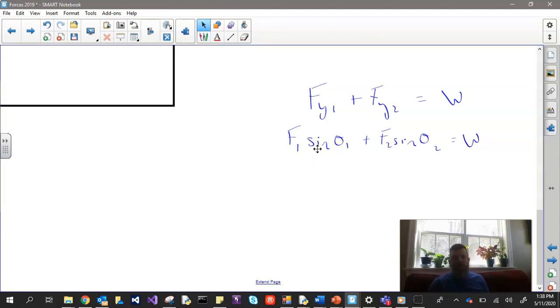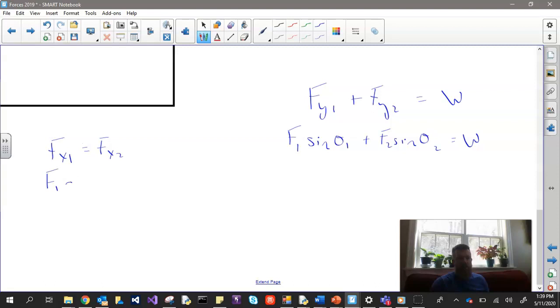And then they look for a relationship between f1 and f2. So they say fx1 equals fx2. So f1 cos theta 1 equals f2 cos theta 2. They're equal to each other.